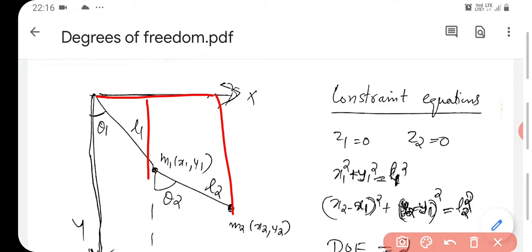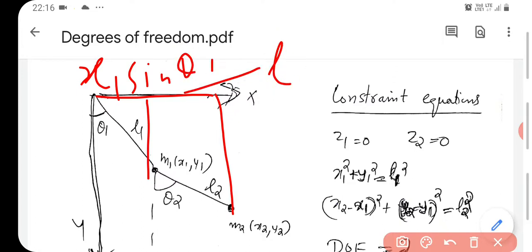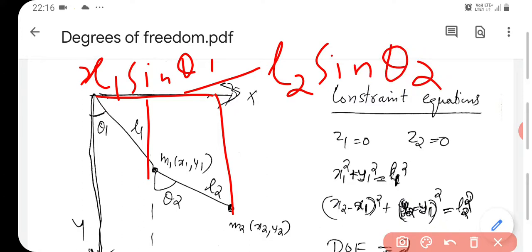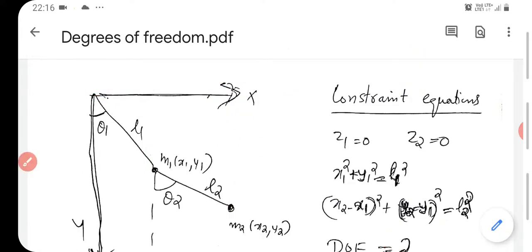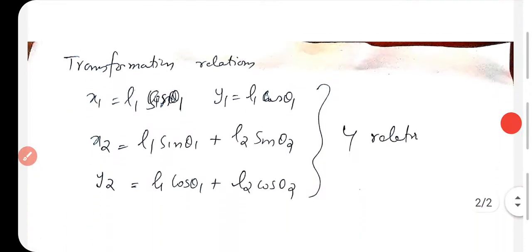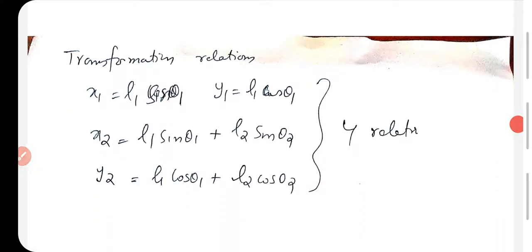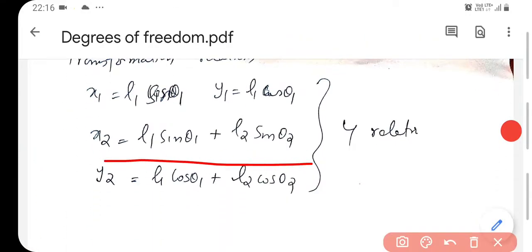This part is L1 sin theta 1, and this part is L2 sin theta 2. So when you add them together, we have L1 sin theta 1 plus L2 sin theta 2, and y2 is L1 cos theta 1 plus L2 cos theta 2. So these are the transformation relations.